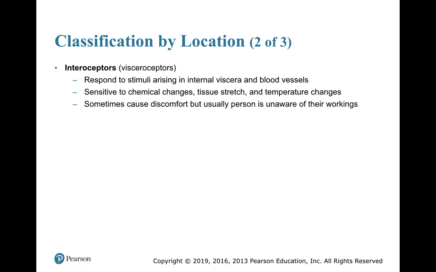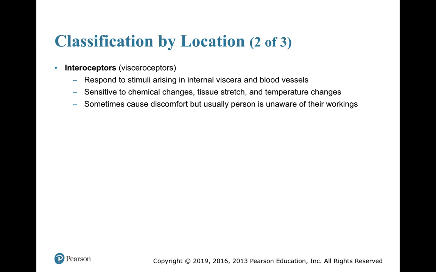Interoceptors or visceroceptors respond to things that happen inside the body, in our viscera, in our blood vessels. They're sensitive to chemical changes, tissue stretch, temperature changes. Sometimes they cause discomfort, but usually we're mostly unaware of their workings. They're providing important information to regulate homeostasis.